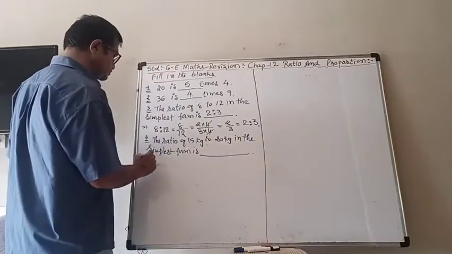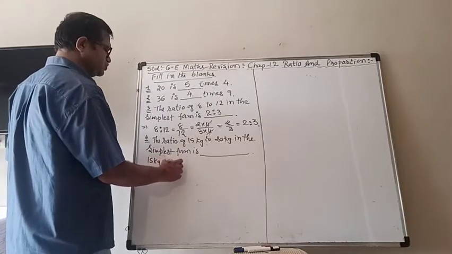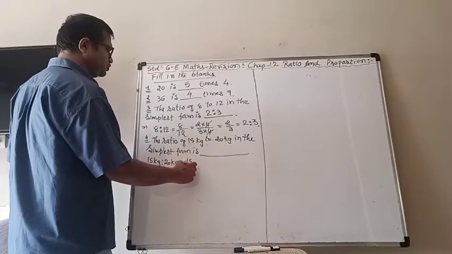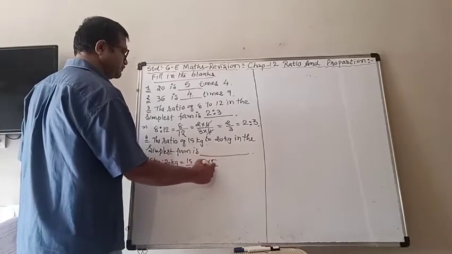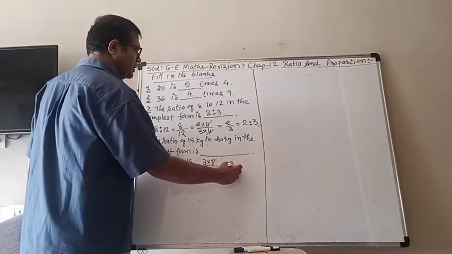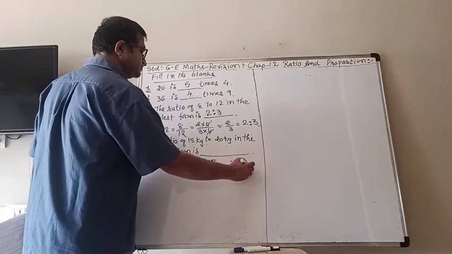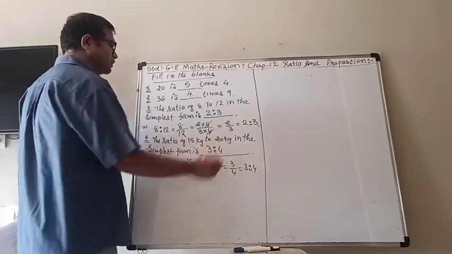So now 15 kilogram is to 20 kilogram is 15 upon 20. 3 5s are 15 and 4 5s are 20. It means that the simplest form is 3 is to 4.